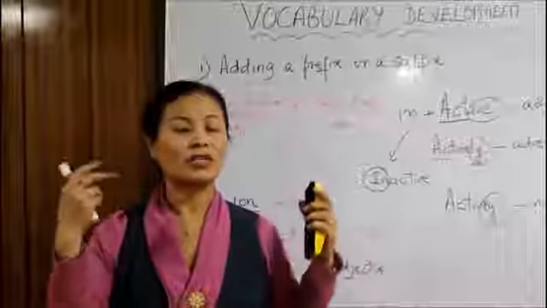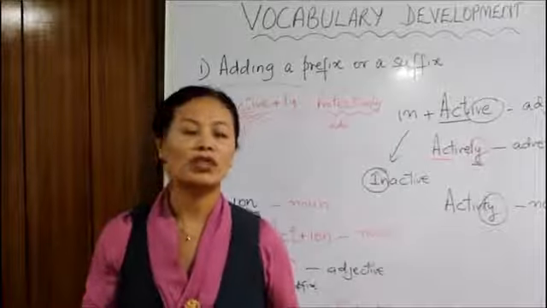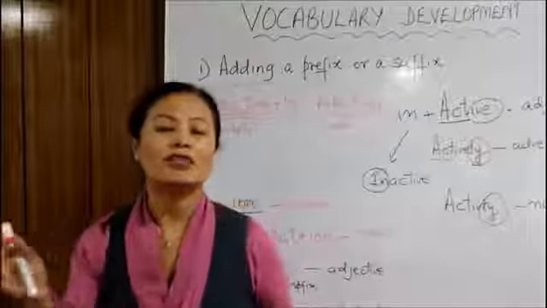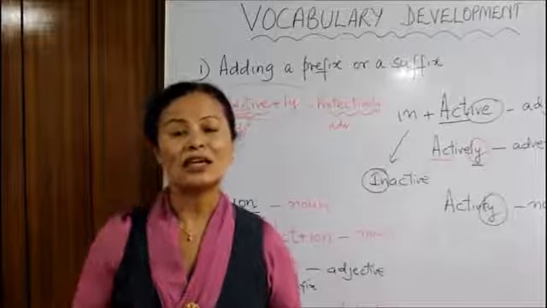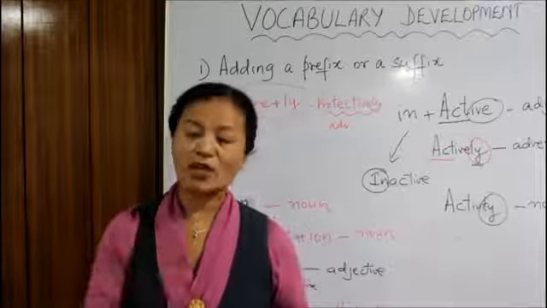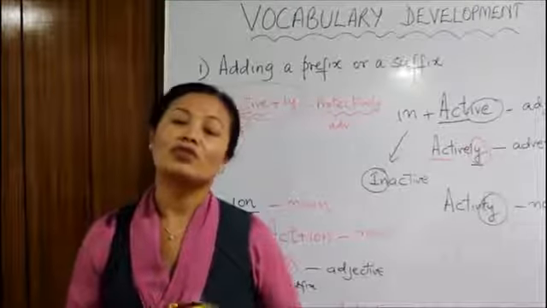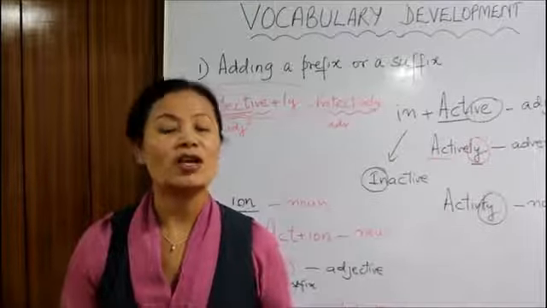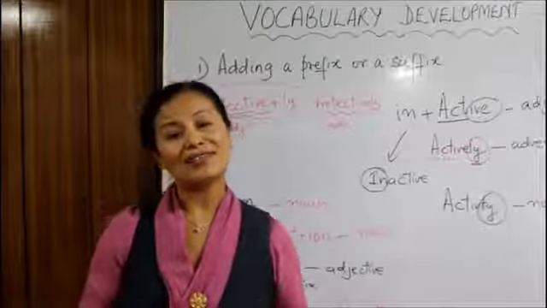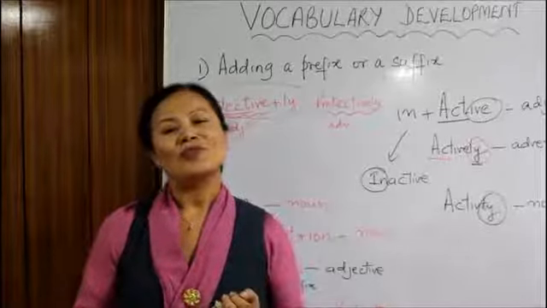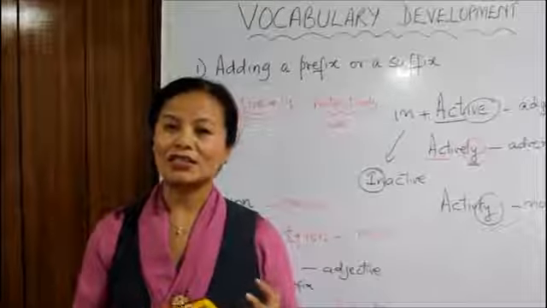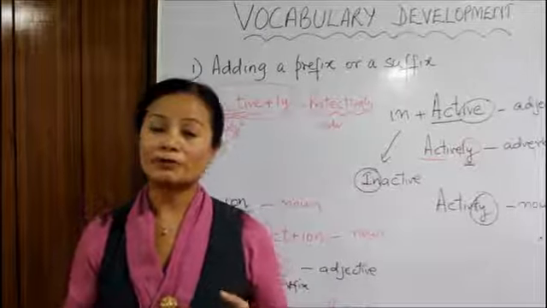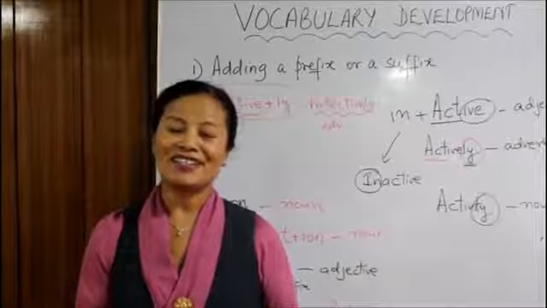If you happen to see a signboard, please do read. Anything written in the form of text, please do read, because reading is the best way in which you can improve, enrich and enhance your vocabulary. Please keep on reading, because the richer your vocabulary is, the easier it is for you to speak and write. Thank you.